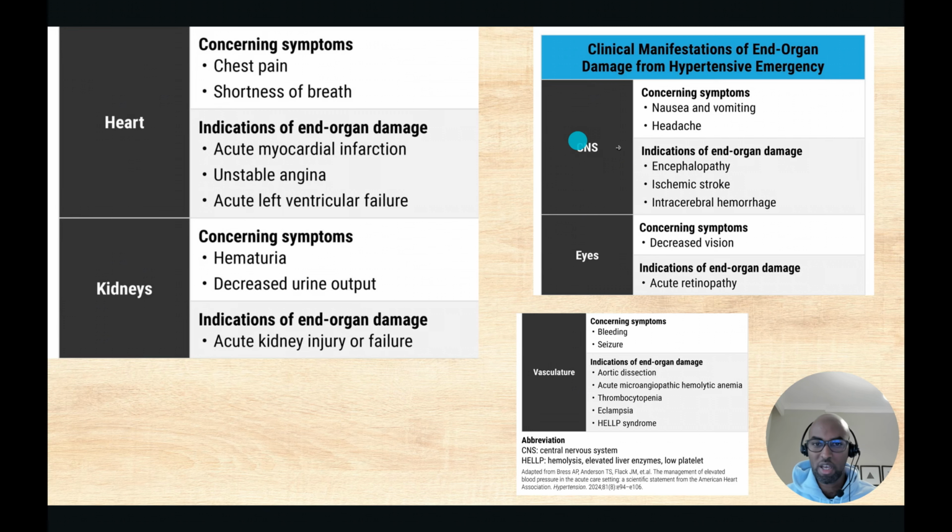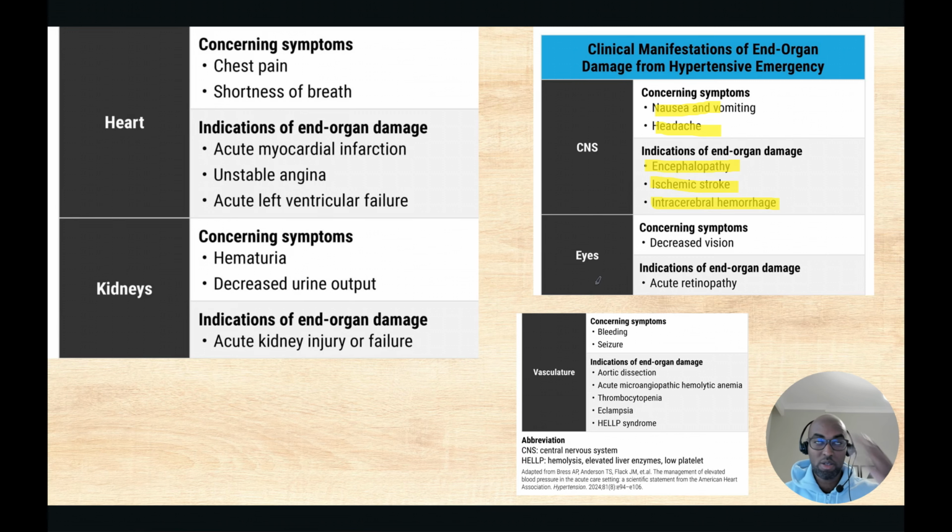So you will ask about central nervous system symptoms: nausea, vomiting, and headache. If there is nausea, vomiting and headache, that means the patient may have some sort of stroke, ischemic or hemorrhagic, or encephalopathy.